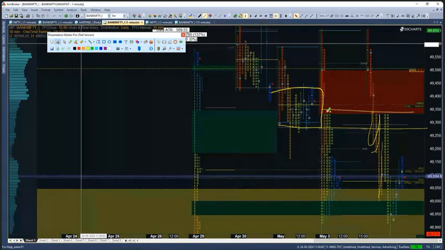Here the answer is. This is the balance area. Once the market crosses the balance and is again not able to enter the balance, because the downside auction is strong and the upside auction is not able to prove its strength here, it definitely gets rejected and goes back.